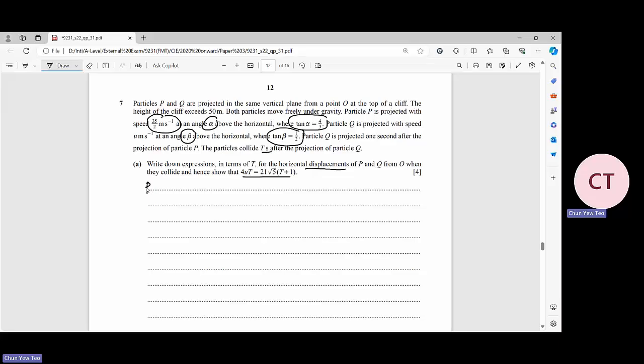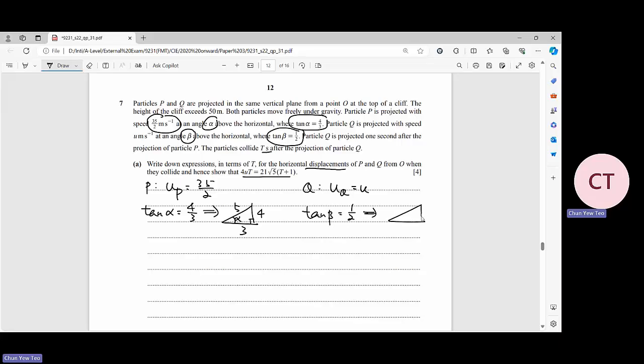Okay, so for the P, you have the UP as 35. For the Q, you have UQ as u, and the angle of projection, tangent alpha, is 4 over 3. So from here, we can draw a small triangle, 4, 3, 5. Then for here, tangent beta is a half.